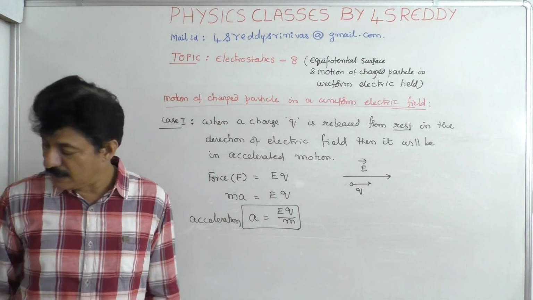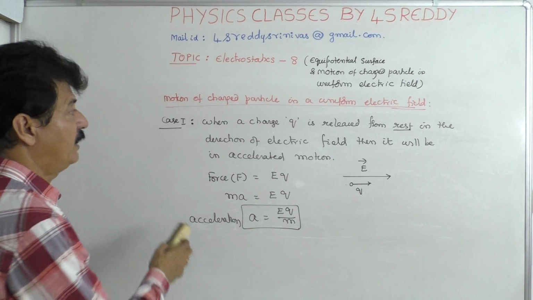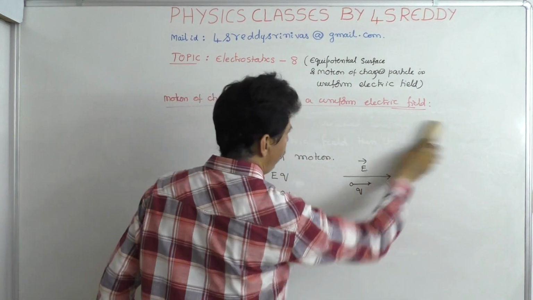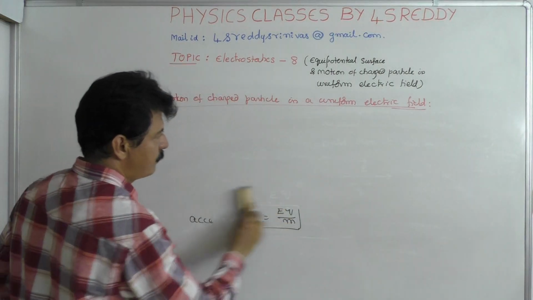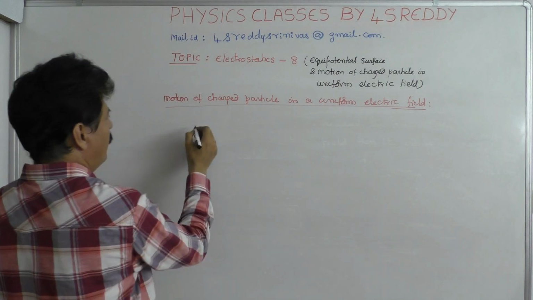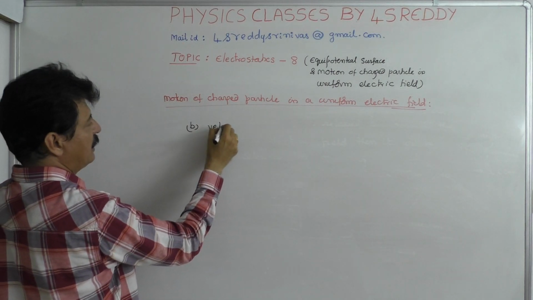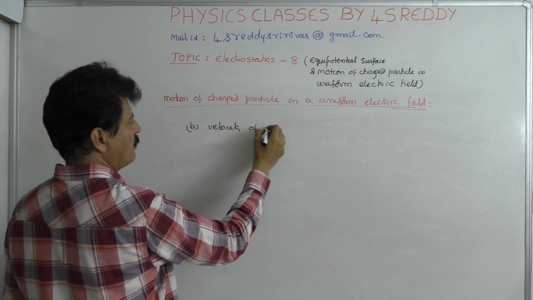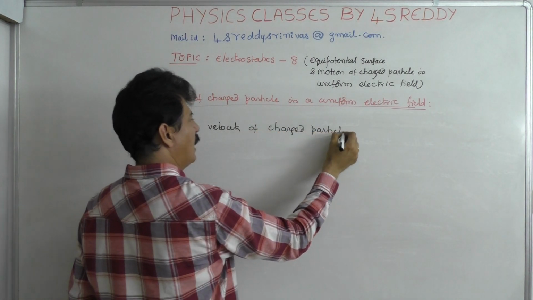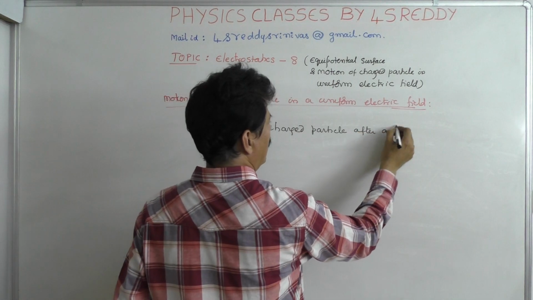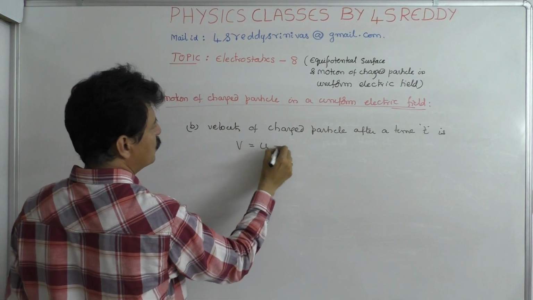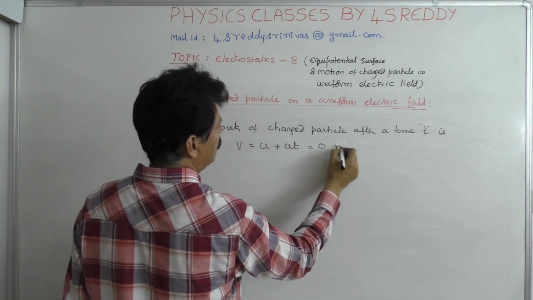Here, once it is released from rest, we can find out other things. Velocity of the particle after a time t is given by V is equal to U plus AT, that is 0 plus AT.